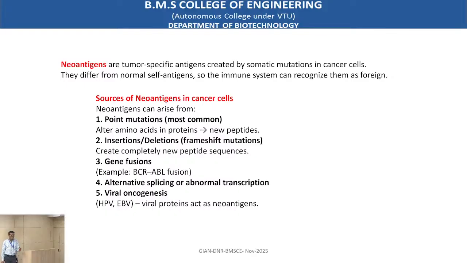So you sequence the entire genome and try to find which proteins got mutated and which are being expressed in that patient. When you find a series of mutations or proteins that are unique only for that patient, then you design antibodies for that.